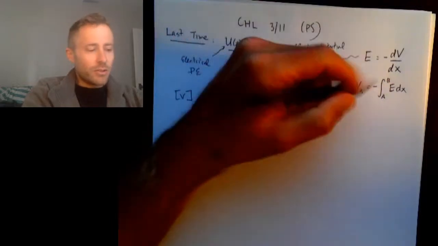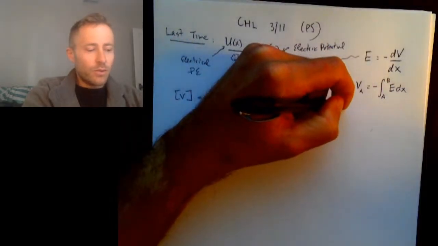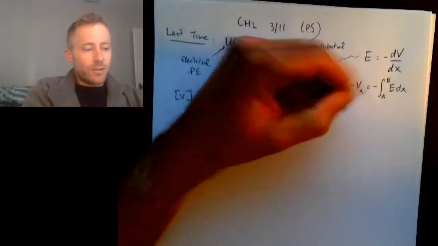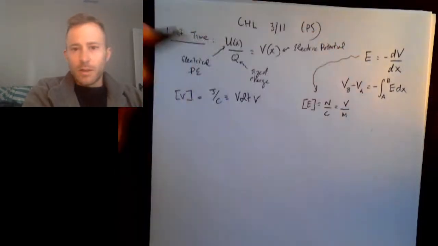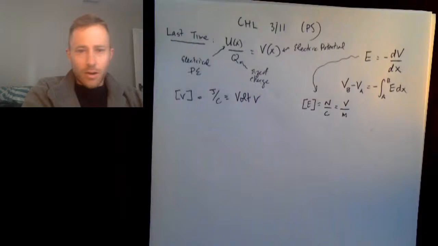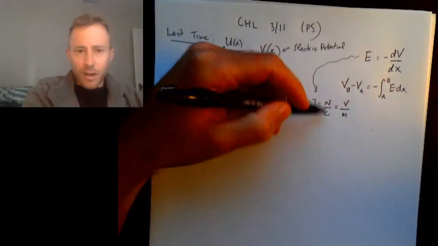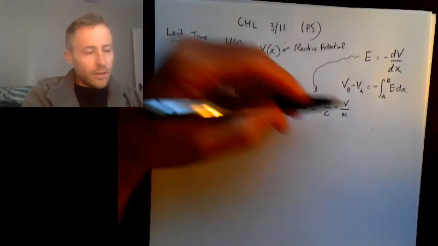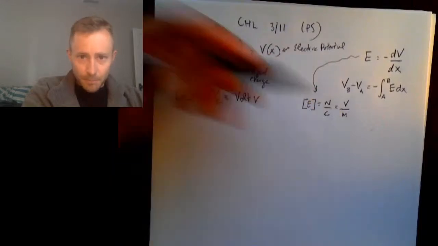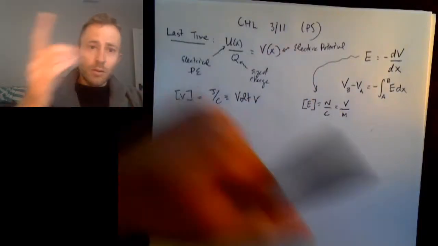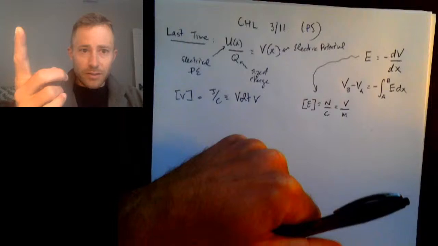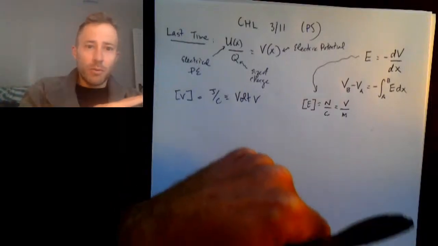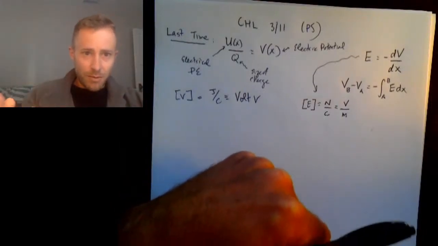So electric potential is measured in volts. Distance is measured in meters. So another common unit of electric field besides newtons per coulomb is volts per meter. Okay? 1 newton per coulomb is exactly the same as 1 volt per meter. So it's just a name difference. Okay?